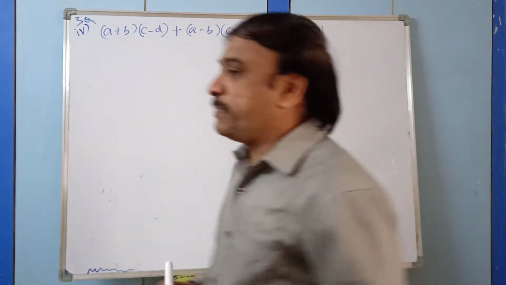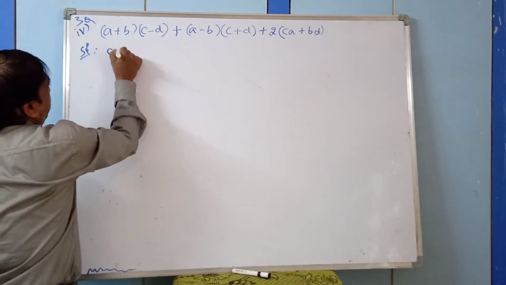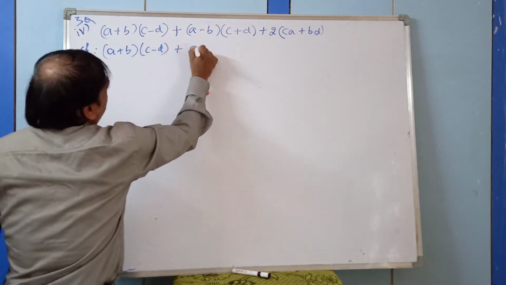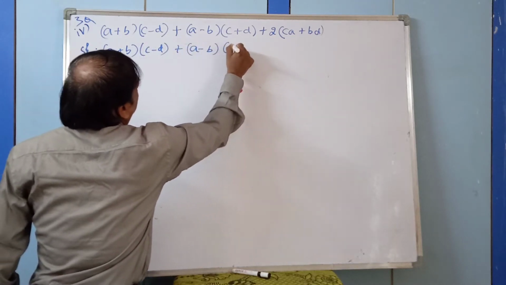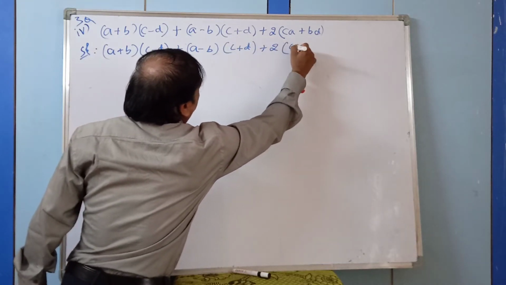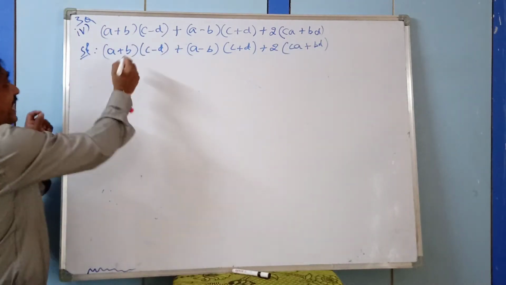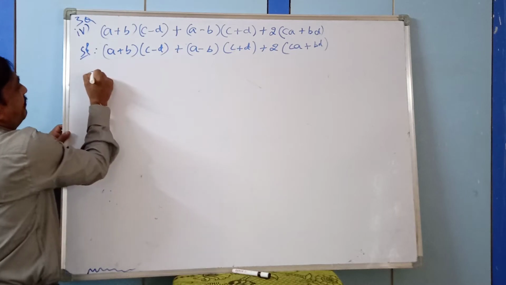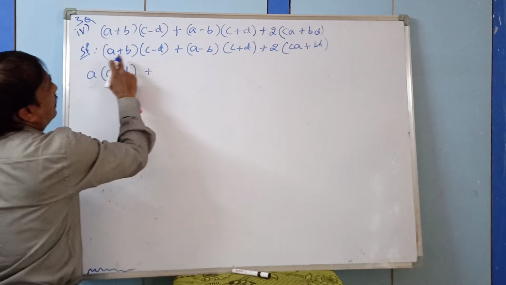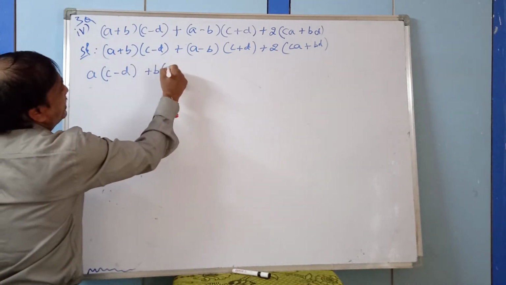So first (a + b) into (c − d). Look at the board. (a + b)(c − d) plus (a − b)(c + d) plus 2(ca + bd). Observe it. With a we are multiplying this, everyone: a into (c − d) plus b into (c − d).